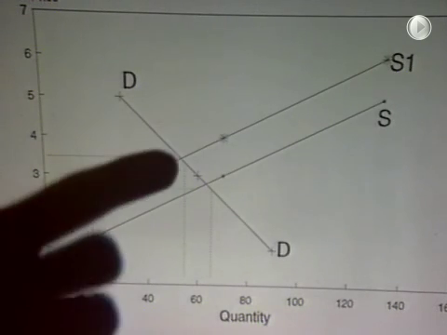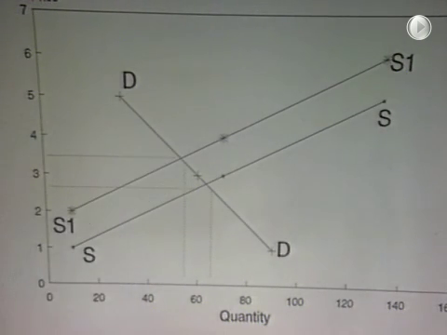Consumers in the sense that they pay a higher price than previously, producers in the sense that they receive a lower price than previously. But an interesting question might be, who actually pays the most? And the answer to this depends upon the elasticity of demand.